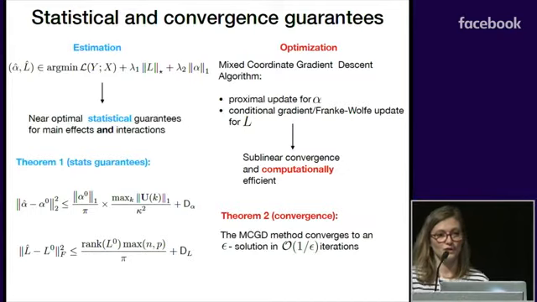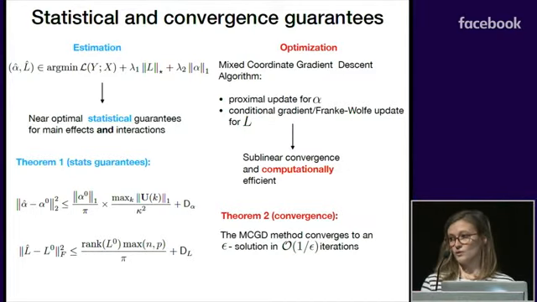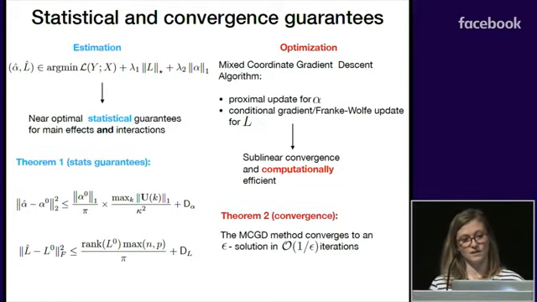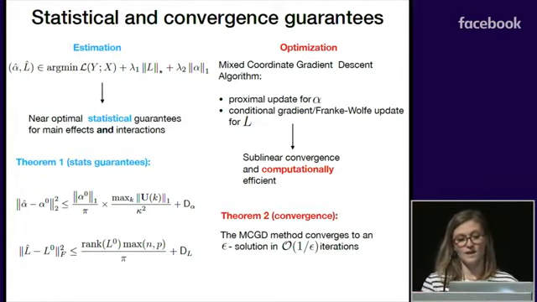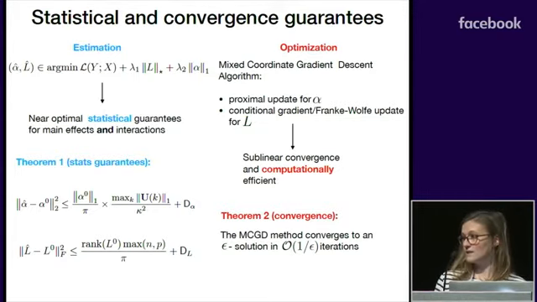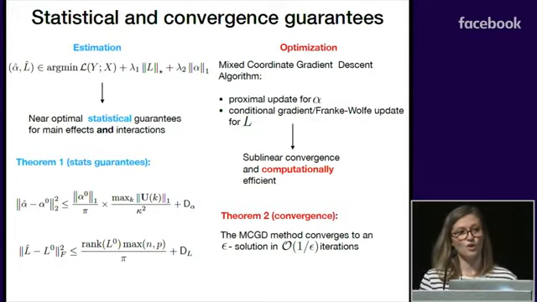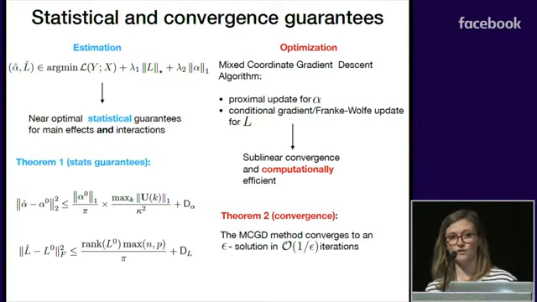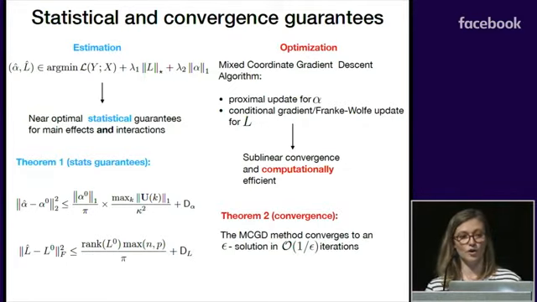I don't want to give too many details about the theoretical results. What I want to emphasize is that the method we introduce is simultaneously statistically sound and computationally efficient. In particular, for the statistical guarantees, existing methods usually estimate main effects and interactions separately in a two-step procedure and don't have guarantees on the estimation of main effects, while here we have near optimal error bounds for the main effects and interactions simultaneously.